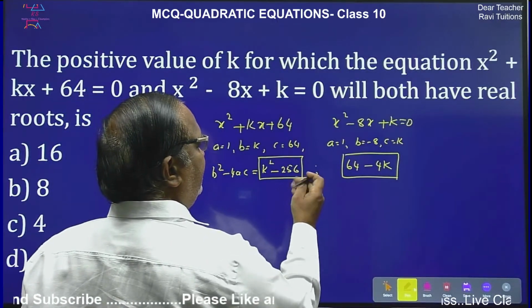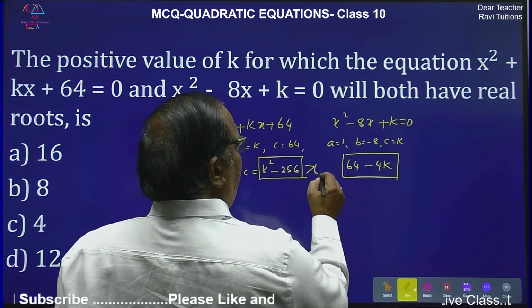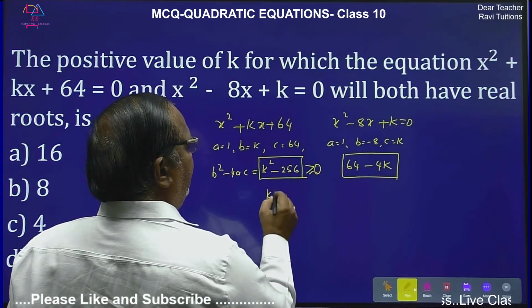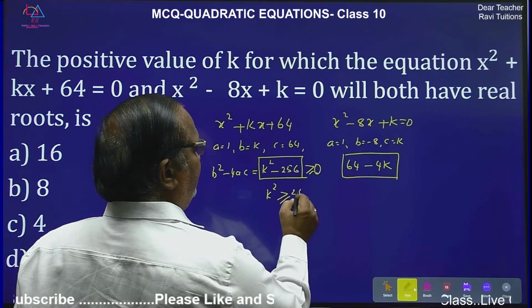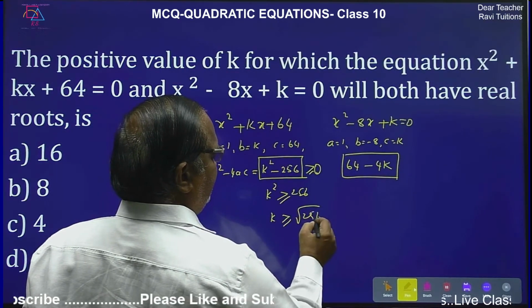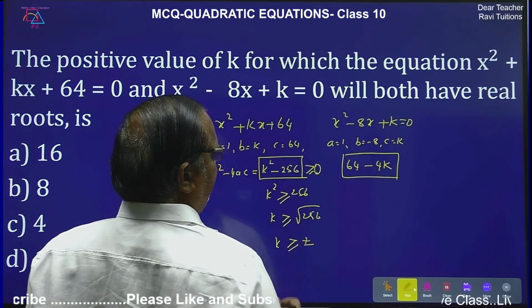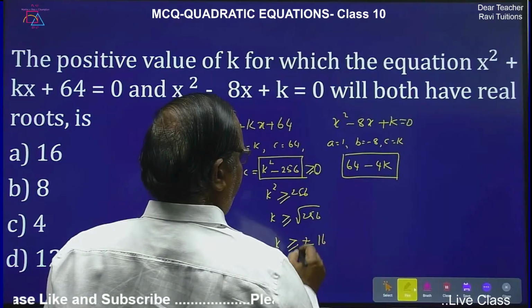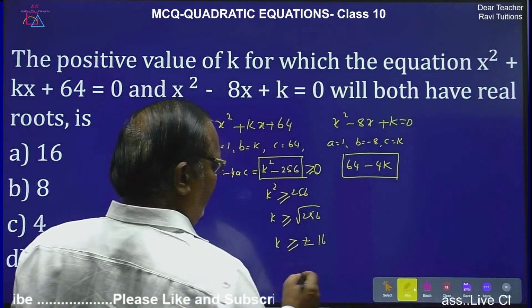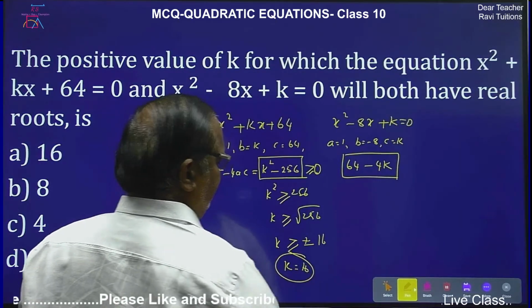So k square is greater than or equal to 256, so k is greater than or equal to plus or minus 16. We need only the positive value, so k is equal to 16 in this case.